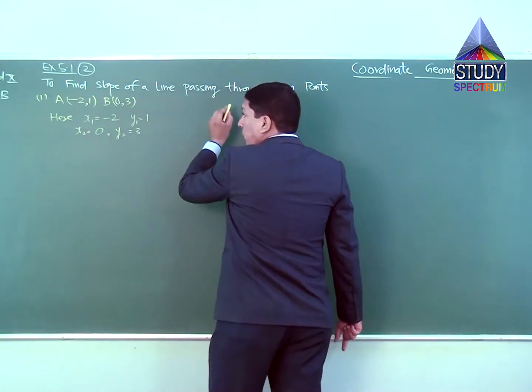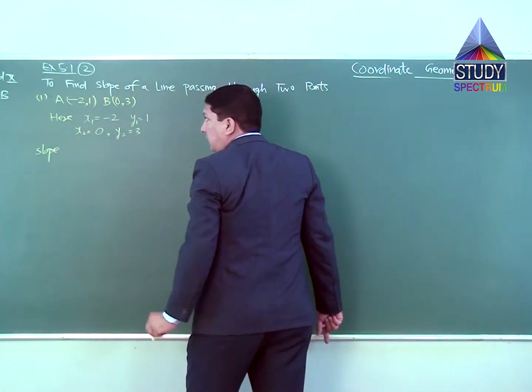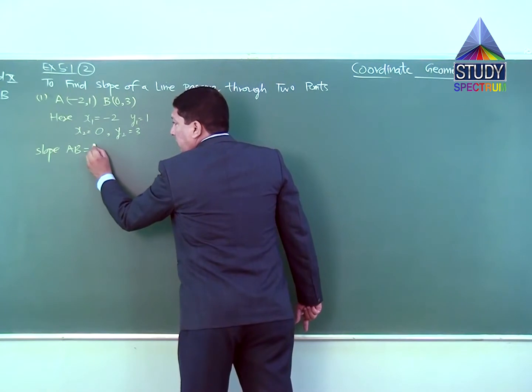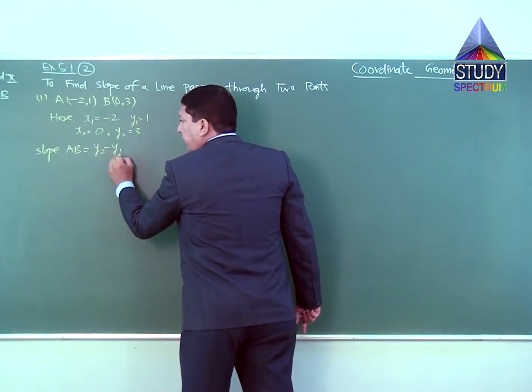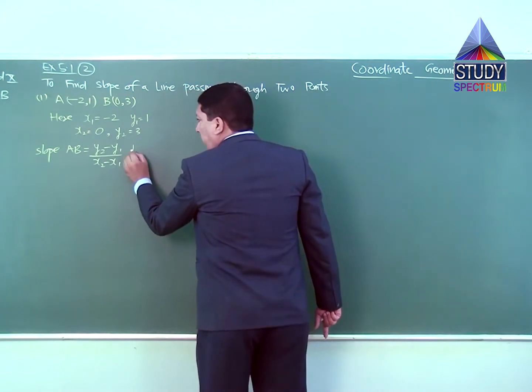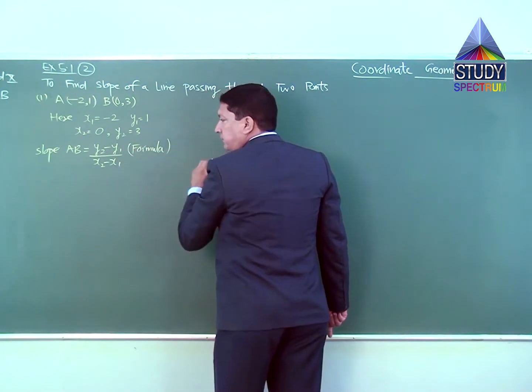Now we need to find out the slope of the line. So slope of line AB is equal to the formula which we know, y2 minus y1 upon x2 minus x1. This is the formula for finding out the slope of a line.